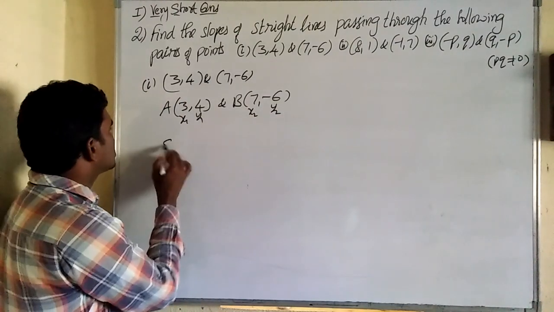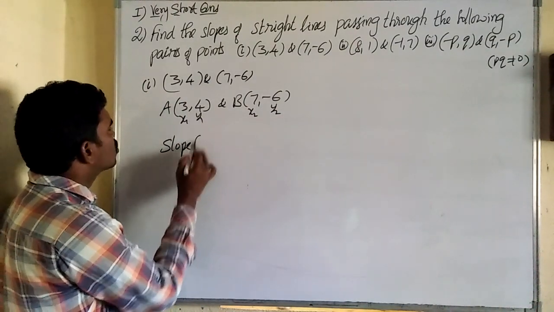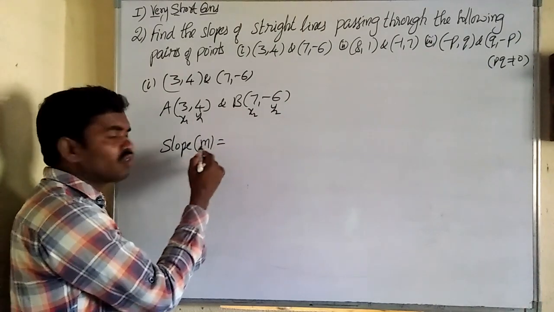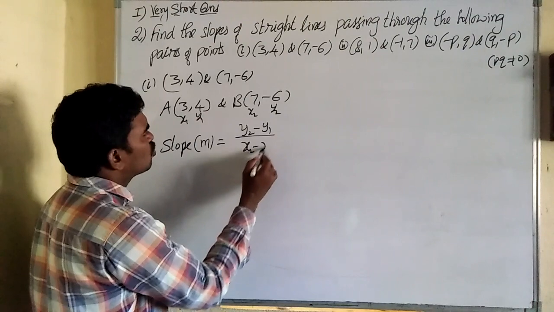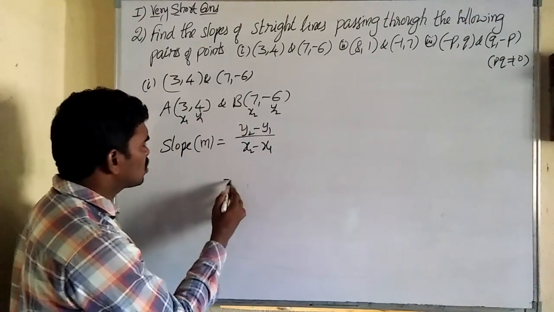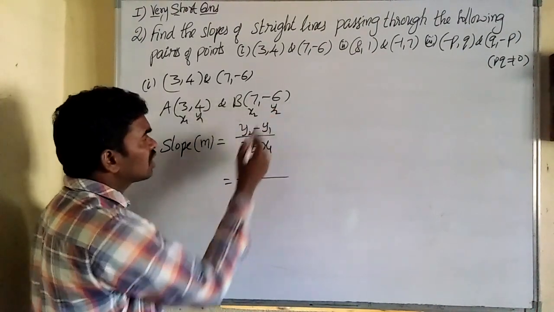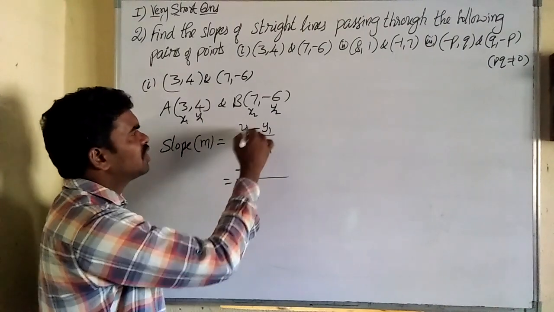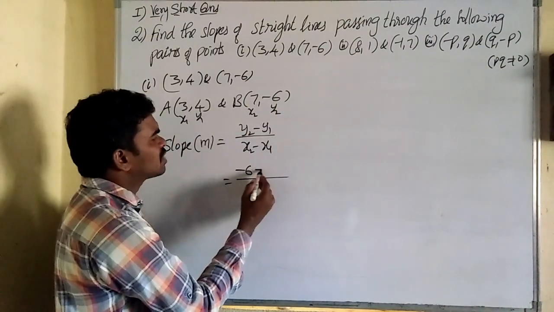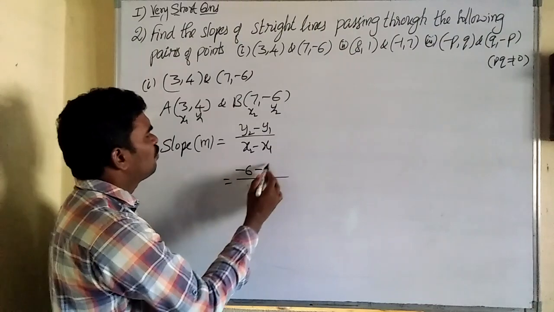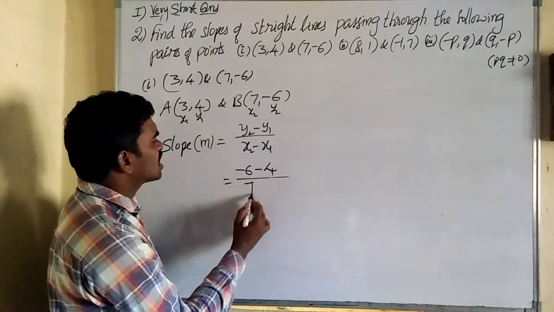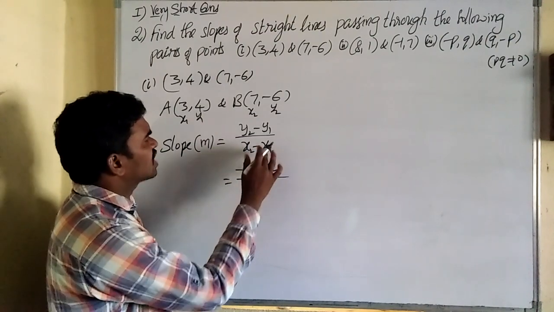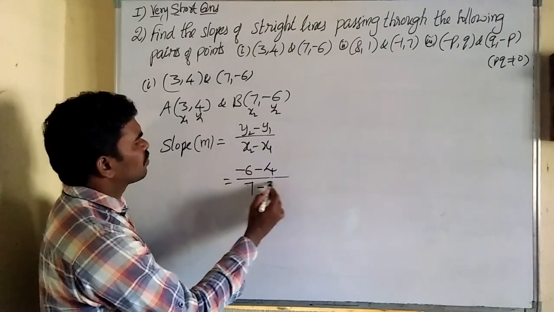Then what is the slope formula? Slope is denoted by m. So m equals (y2 minus y1) by (x2 minus x1). y2 is -6, minus y1 which is 4, by x2 which is 7, minus x1 which is 3.